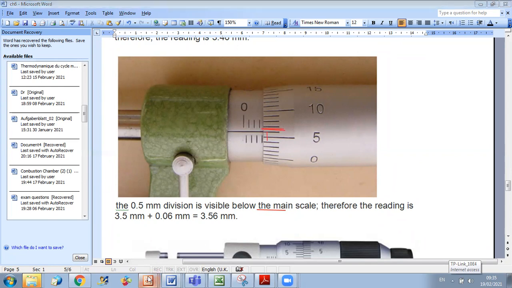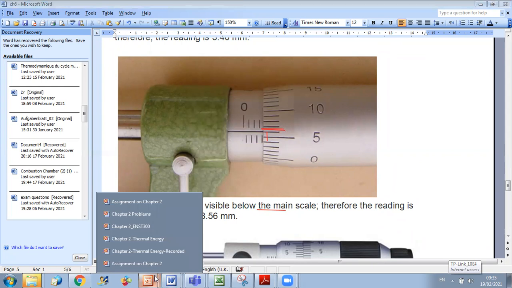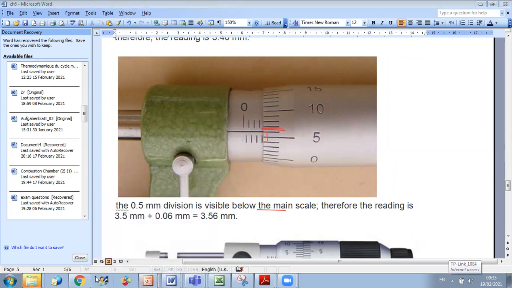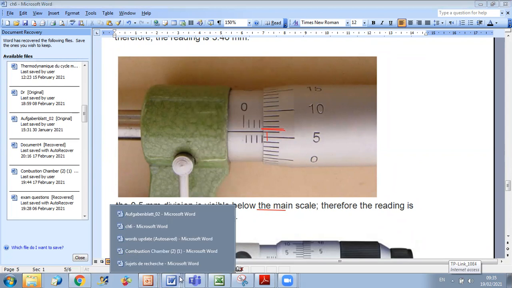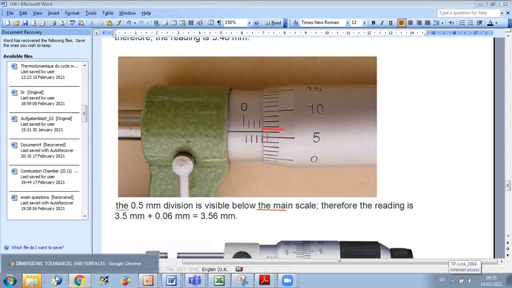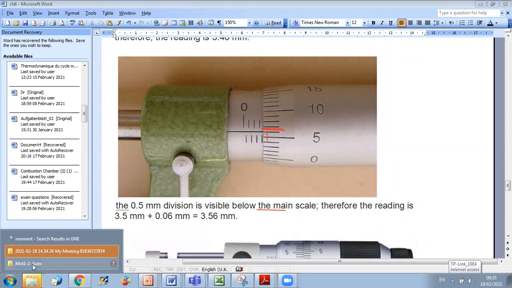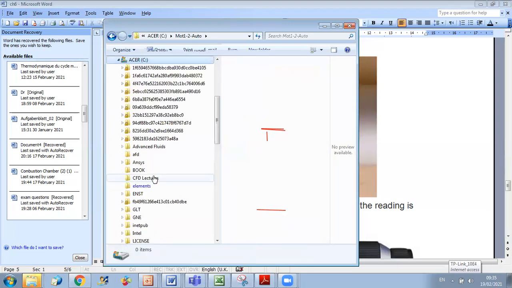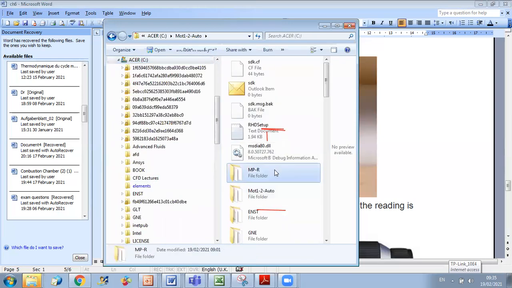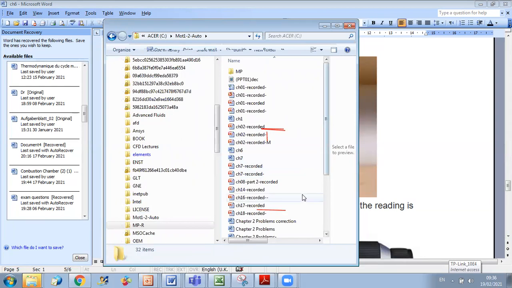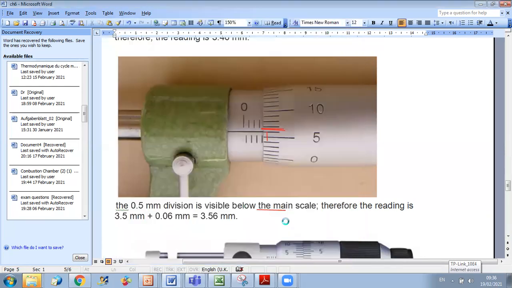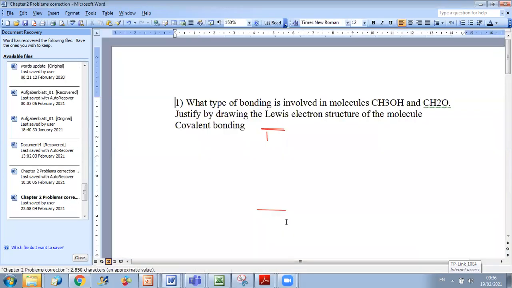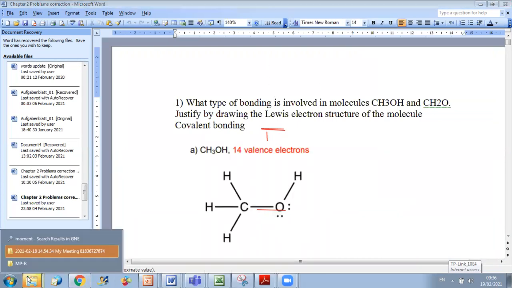So now, let me open the problems and start to correct them. Sorry, it's chapter 3.